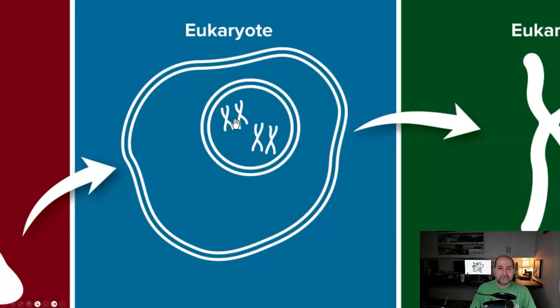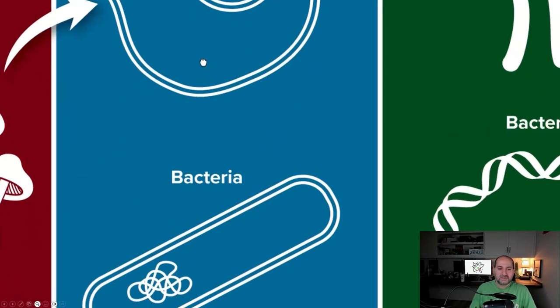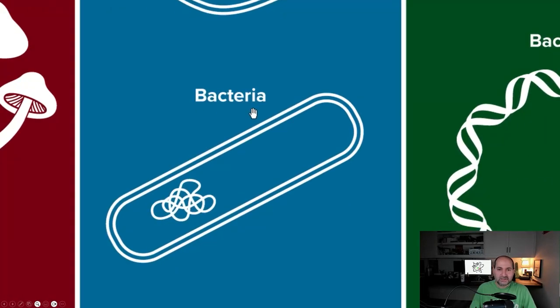Eukaryotic DNA is linear and exists inside of the nucleus, a double membrane called the nuclear envelope. Inside, eukaryotes normally have several linear chromosomes.